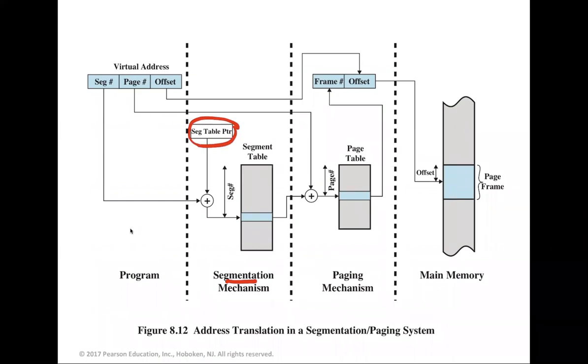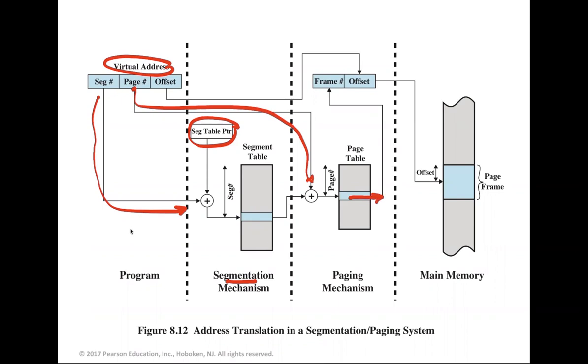Presented with a virtual address, the processor uses the segment number portion to index into the process segment table to find the page table for that segment. Then, the page number portion of the virtual address is used to index that page table and look up the corresponding frame number.